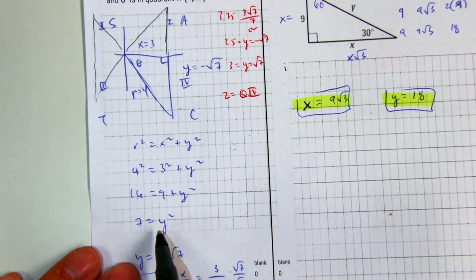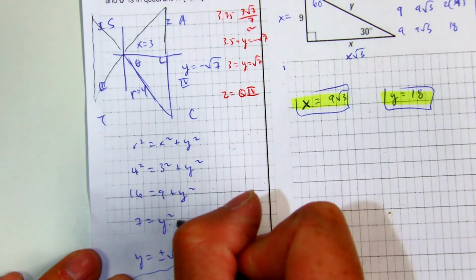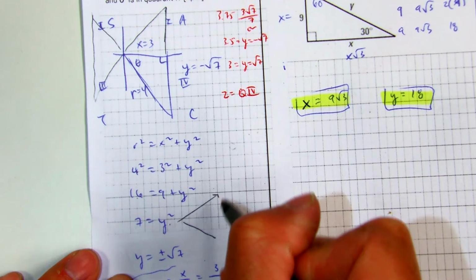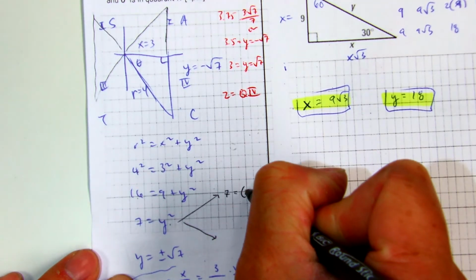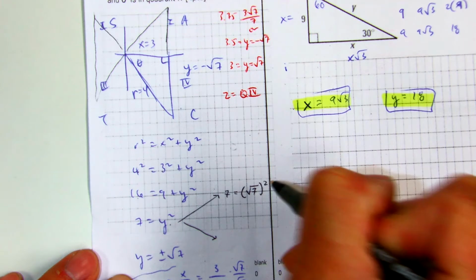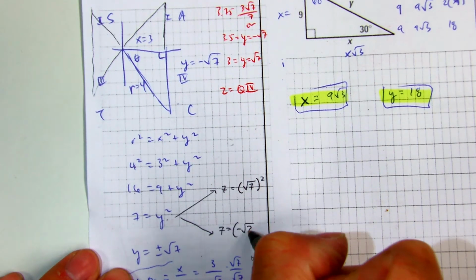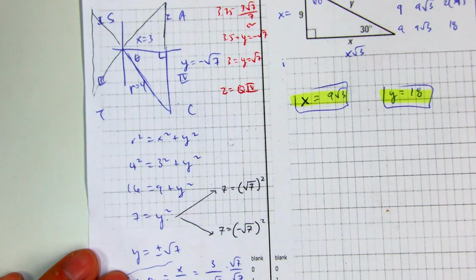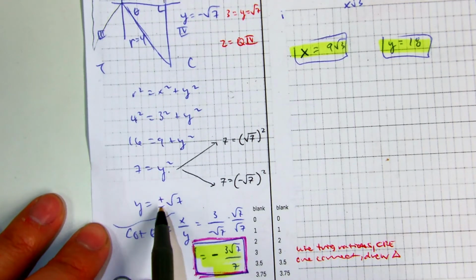You get 7 equals y squared. And why is it both plus or minus? Remember, y equals the square root of 7 or negative square root of 7. That's the reason why it has to be both plus or minus.